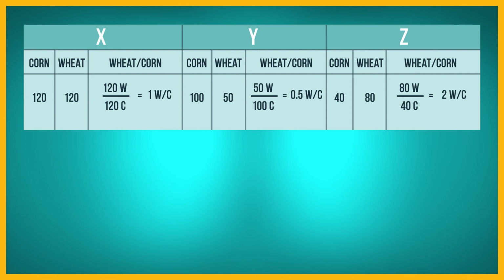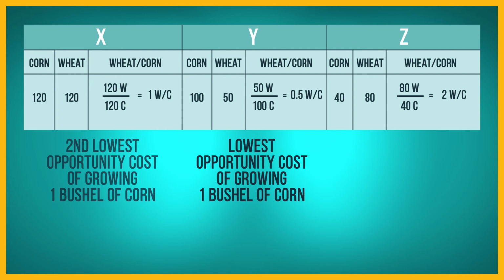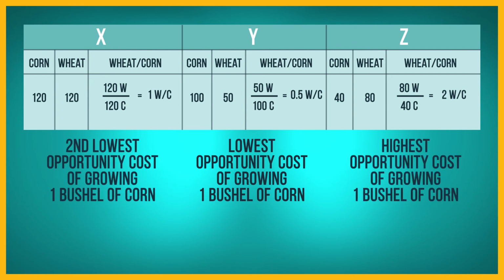We've already determined that the opportunity cost of growing 1 bushel of corn on Y is 1/2 bushel of wheat. We've already determined that the opportunity cost of growing 1 bushel of corn on Z is 2 bushels of wheat. Therefore, Y has the lowest opportunity cost of growing 1 bushel of corn, X has the second lowest opportunity cost, and Z has the highest opportunity cost.